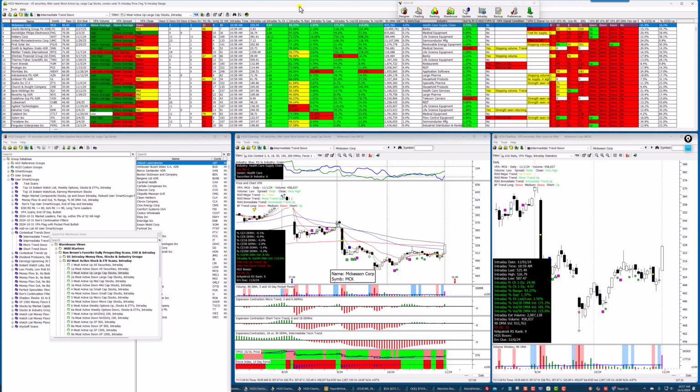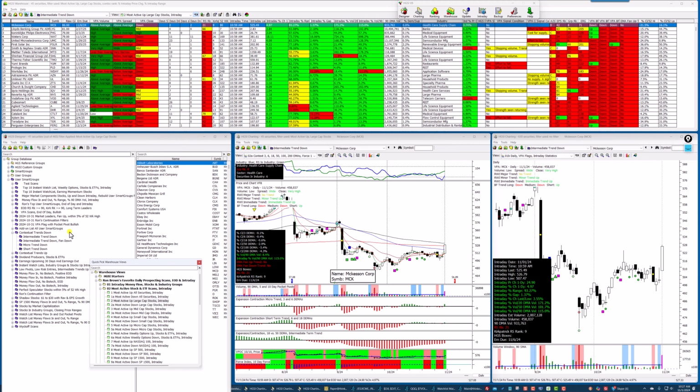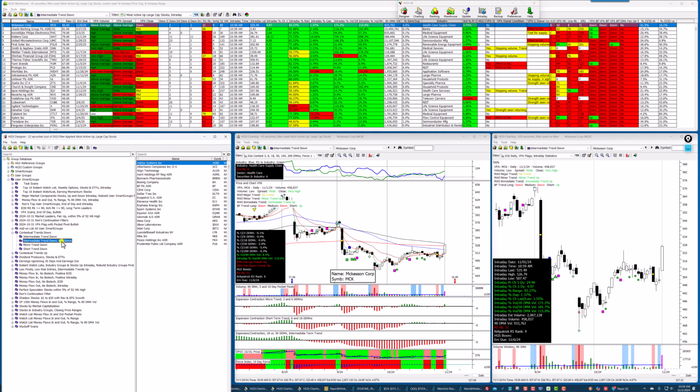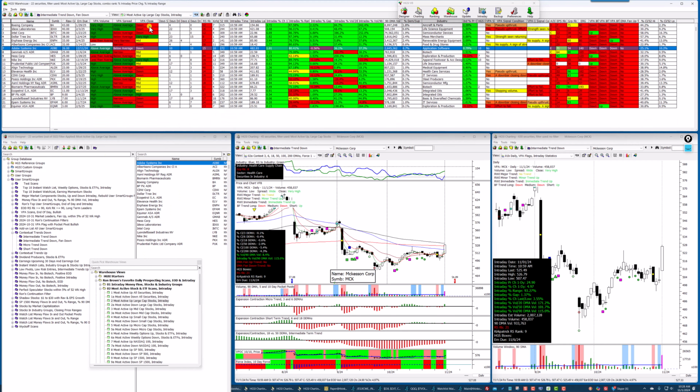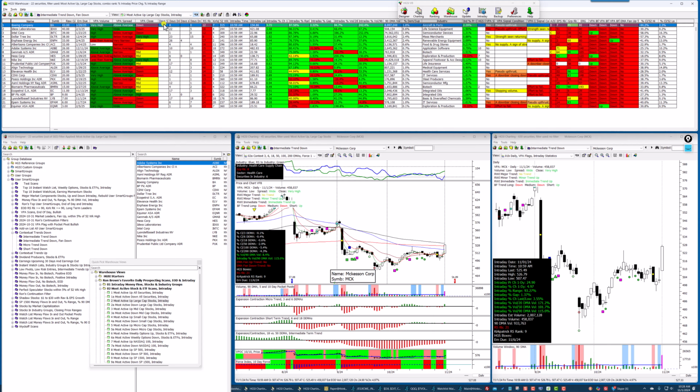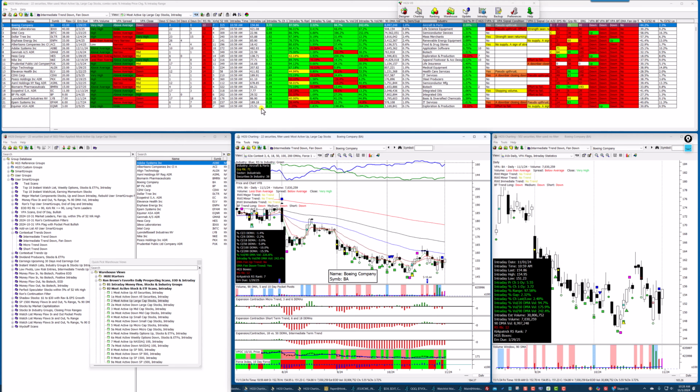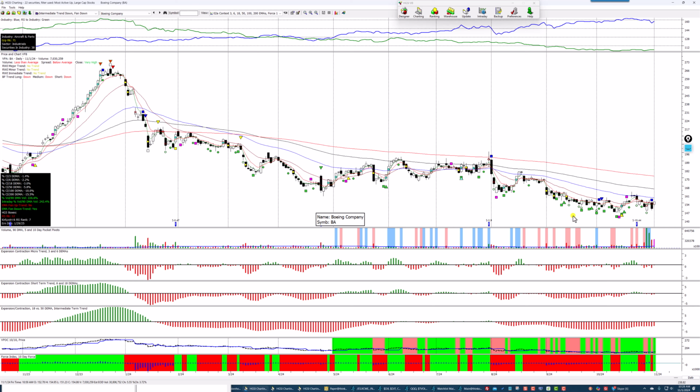Now I've got one more group to show you in this video, and I'll be building on this in upcoming videos. Now, intermediate term trend down with the fan down. These are weak stocks that are moving up today. So let's transfer them to the warehouse. And Boeing, what's going on with Boeing? Maybe they settled the strike. I don't know, but looking at the chart, you can see that all three of these are negative, and the fan is clearly down.